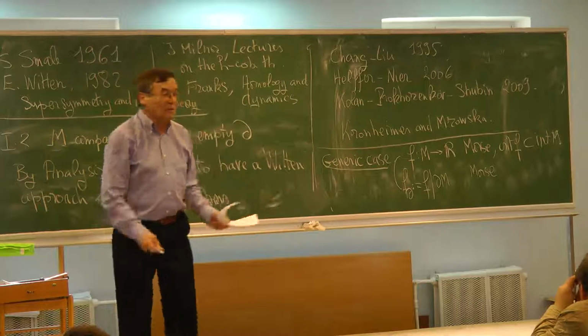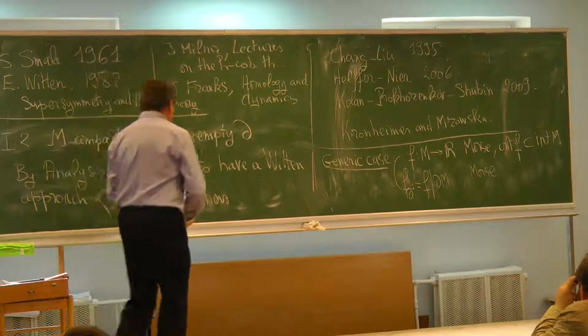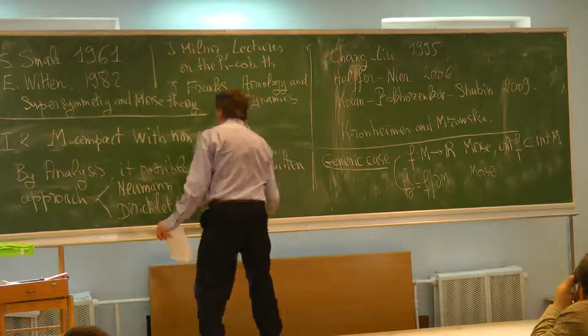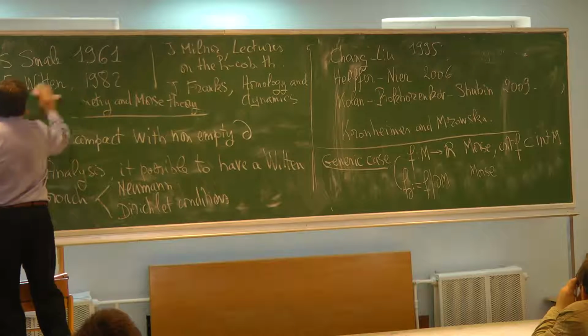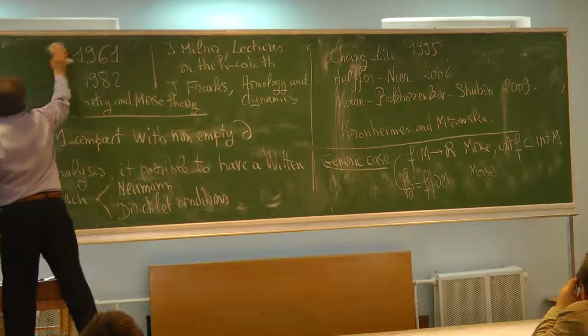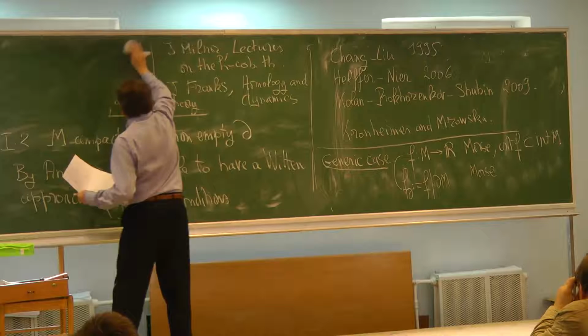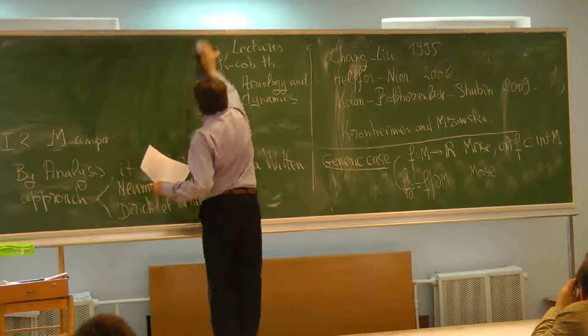Obviously, a generic assumption. Now, in that case, you get two types of critical points. So, maybe three types of critical points.